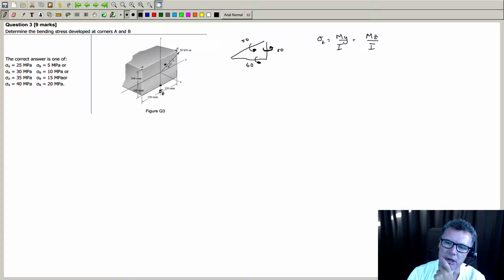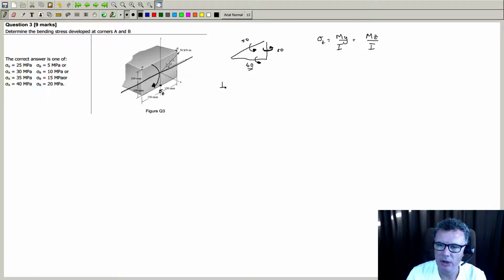So things are bending, if you like. Can you see that? Things are bending that way along this axis. And so that's the 40 that we want to use there.